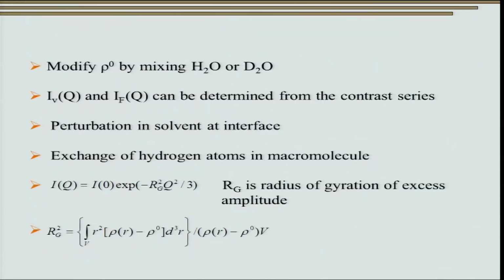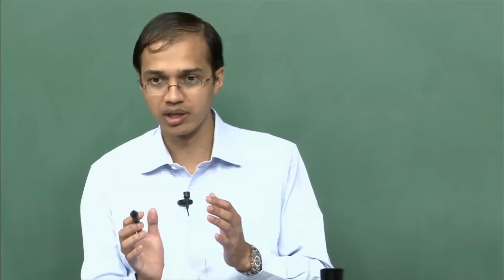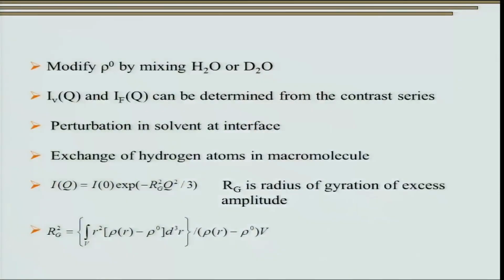The only difference over here is that in this case your scattering density is a function of rho for your particle, but you have to subtract it from that of the solvent. I am invariably using particle and macromolecule as meaning the same, though you should keep in mind that these macromolecules are pretty large and they can agglomerate and form a small particle.